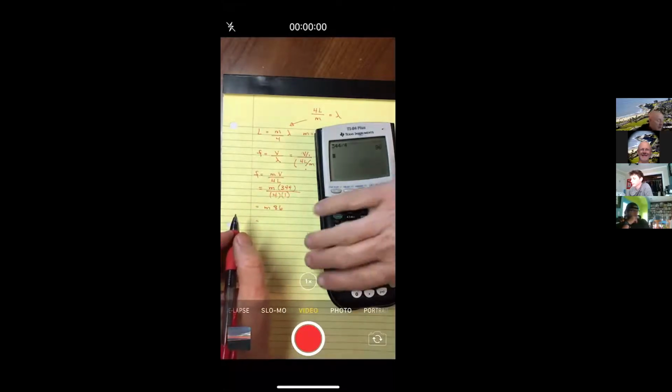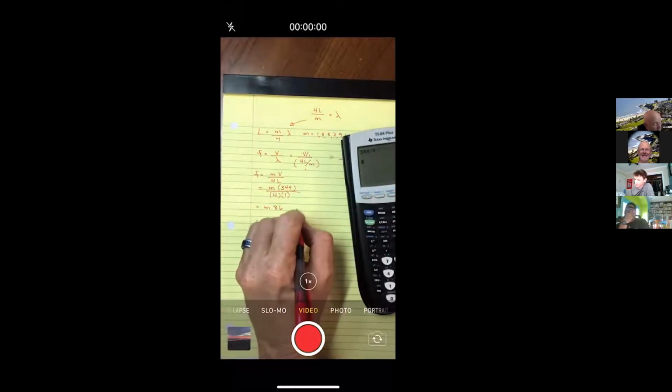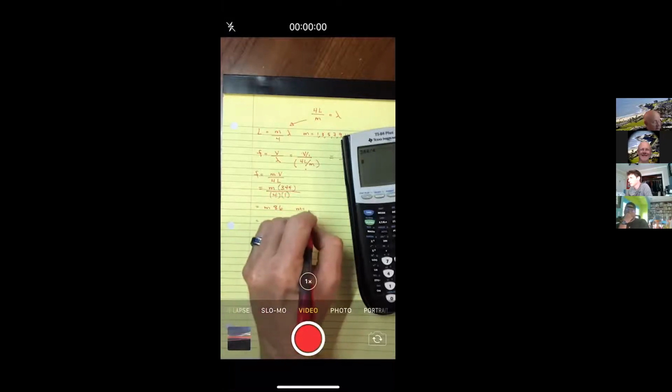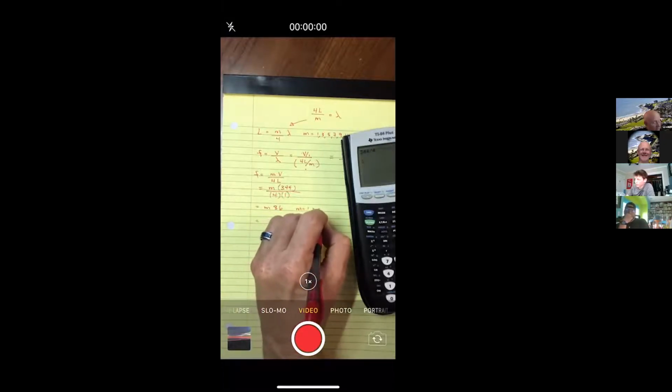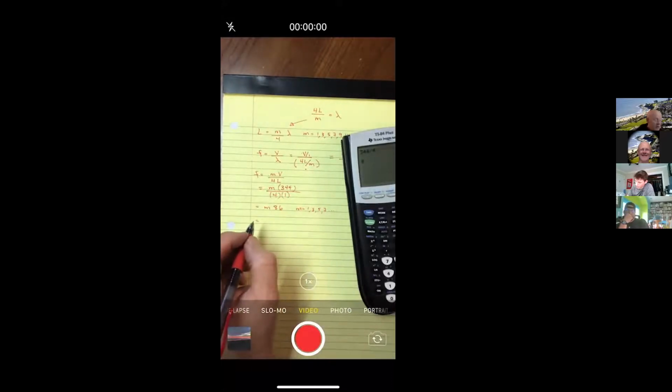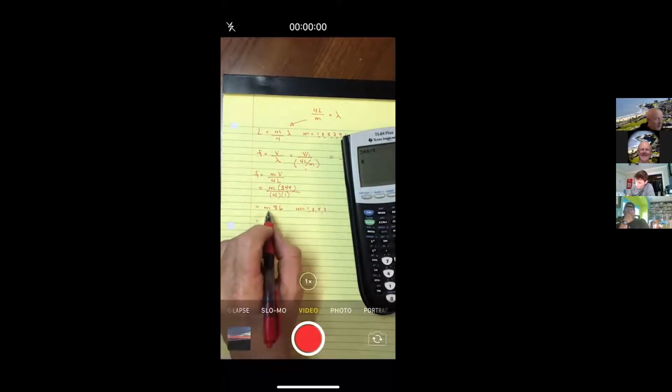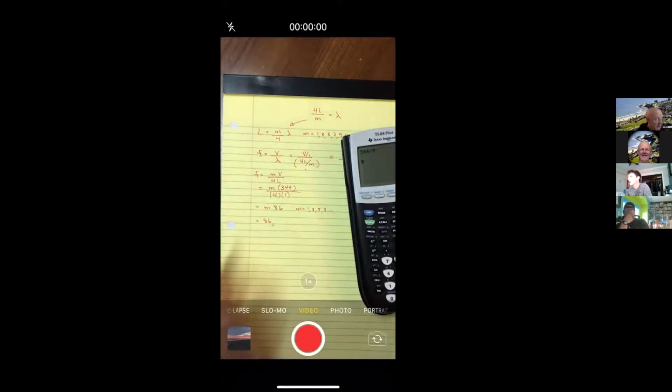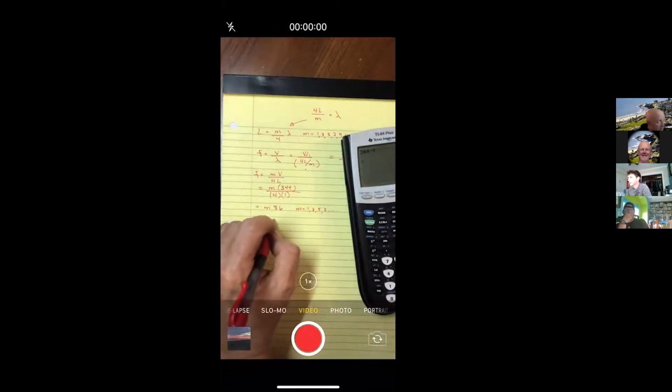I could either leave it like a math equation where m can equal 1, 3, 5, 7, and so on, or I could start putting in some values. If I put in m equal to 1, I would get 86, and that'd be 86 hertz, since we're talking about frequency. I should put my units here, hertz.